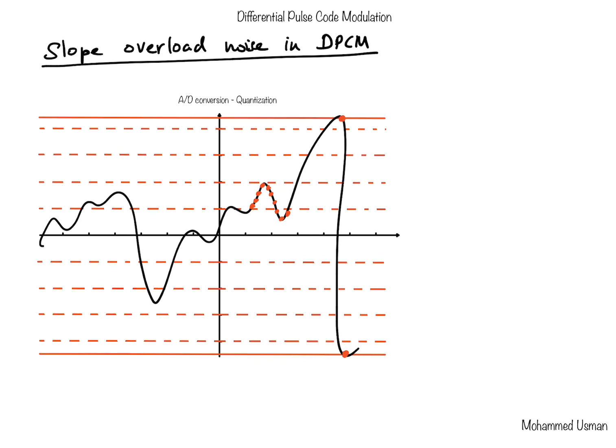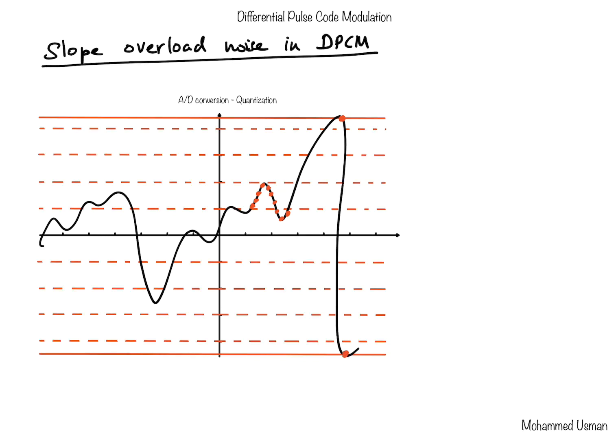But sometimes we may have a situation where some part of the signal, as in this part here, has a high slope. That means even at a high sampling rate, one sample and the next sample have a big difference between them. Their values are not very close to each other.